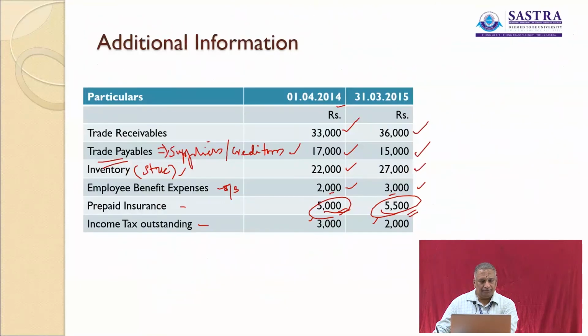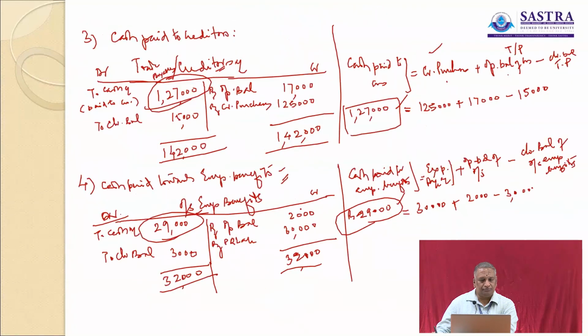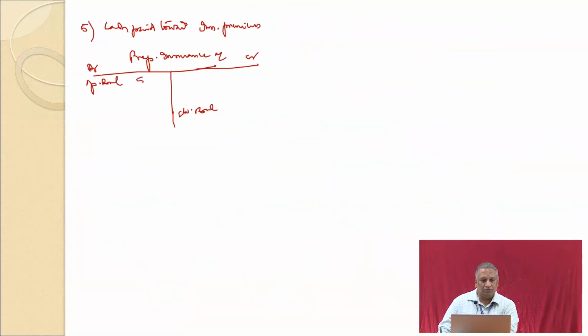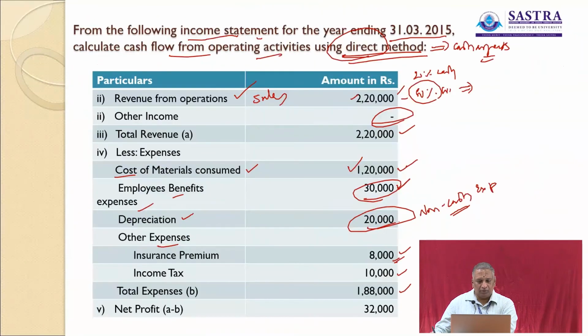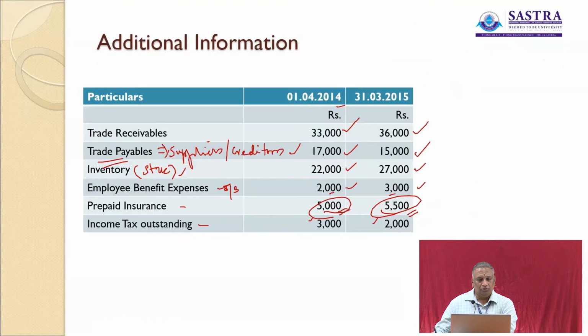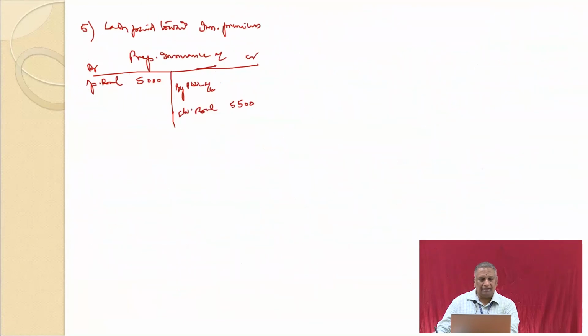So the amounts being 5,000 and 5,500. And by P&L account, that is expenses claimed this year towards insurance premium, given in the question as rupees 8,000. So I am taking this as current year expenses claimed.